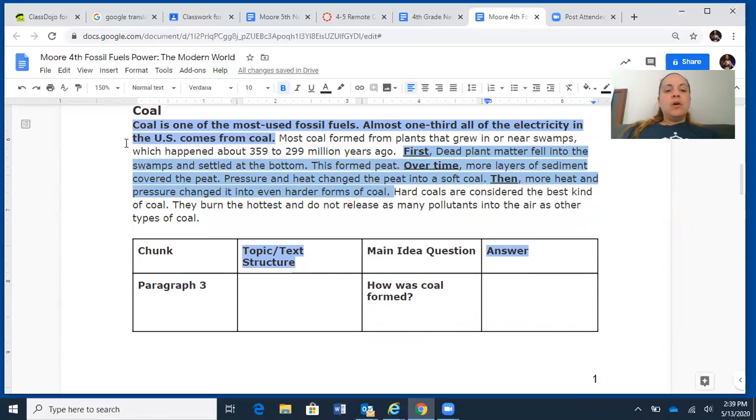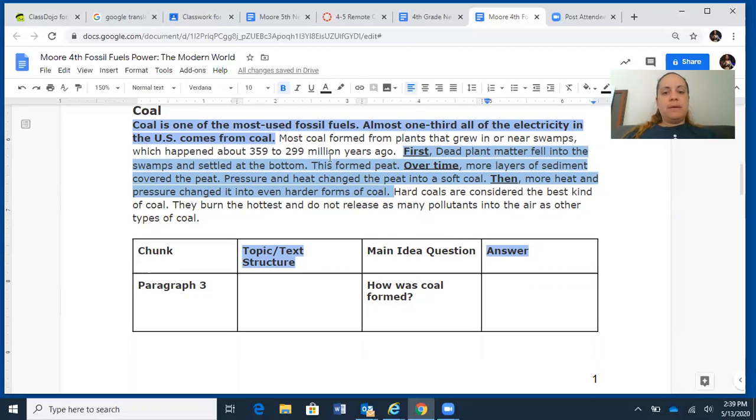Coal. Coal is one of the most used fossil fuels. Almost 1/3 of all the electricity in the US comes from coal. That's pretty interesting. Most coal formed from plants that grew in or near swamps, which happened about 359 to 299 million years ago.